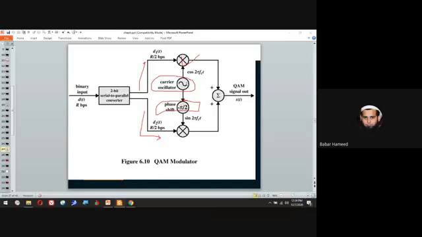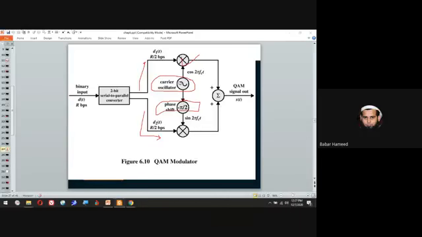This is actually the carrier oscillator, and here 2 bits are coming at this position, and the same 2 bits are coming at this position. This is basically the implementation of QPSK.